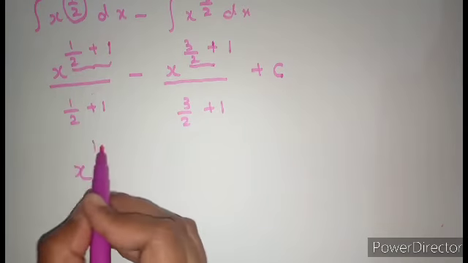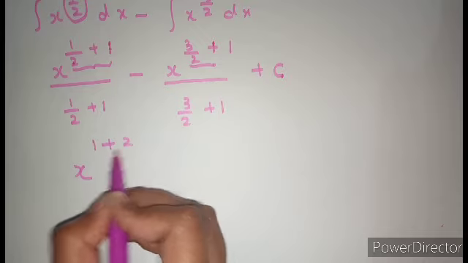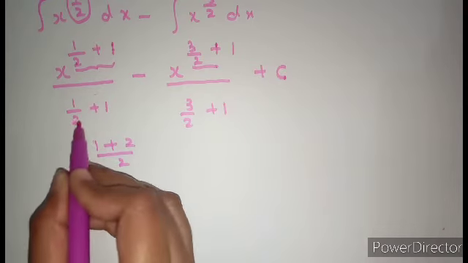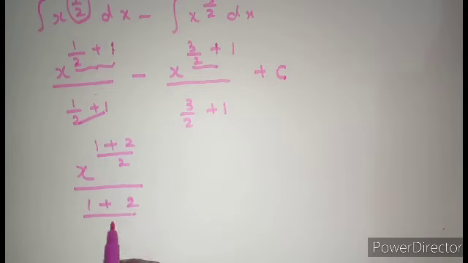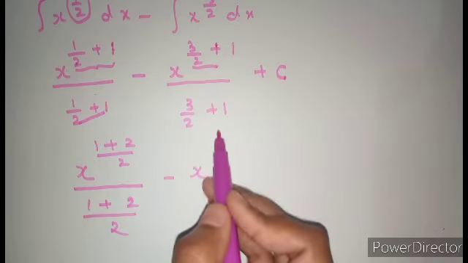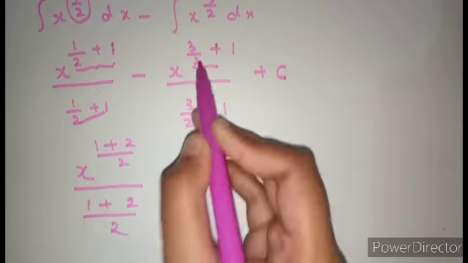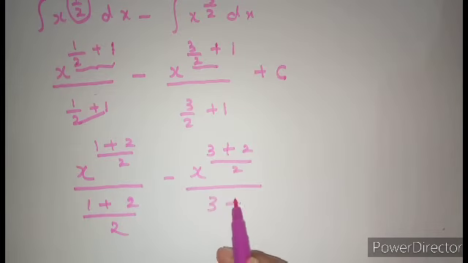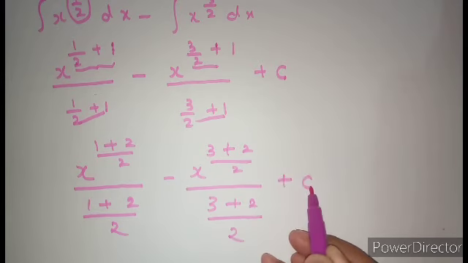1 as it is, 2 ones are 2 upon 2, so it is 1 plus 2 upon 2. Minus x power 3 as it is, 2 ones are 2 upon 2, divided by 3 as it is, 2 ones are 2 upon 2, plus integration constant c.